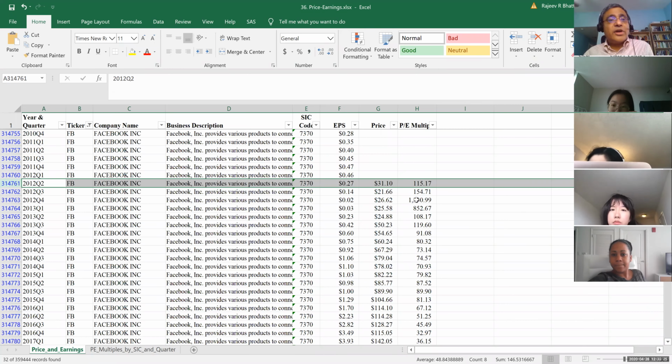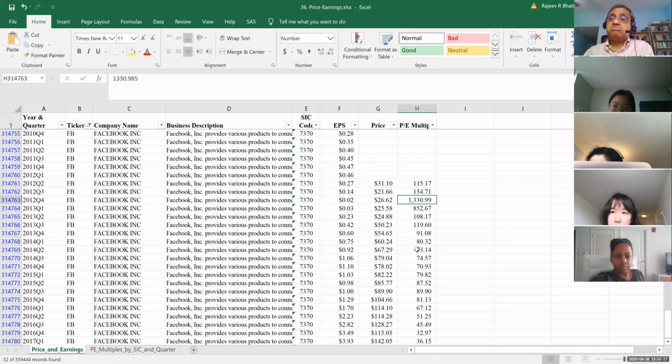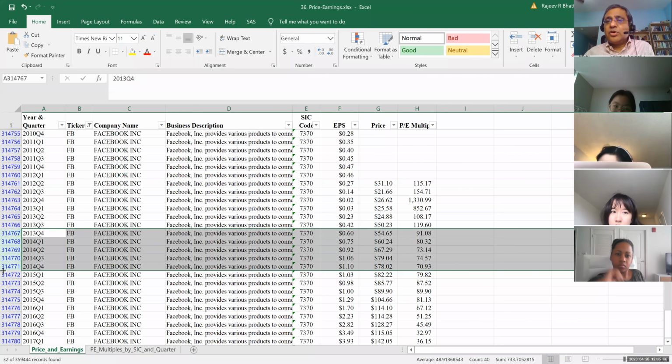Look at the growth rate in 2012 Q4. As we think, it's kind of an outlier because the earnings is pretty low. But let's look at the numbers in 2013. So it is 90s, 70s, so close to 100 PE. So between 70, 80, 90 price earnings ratio.